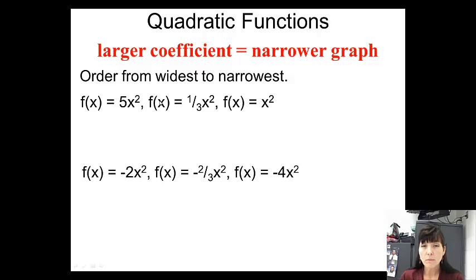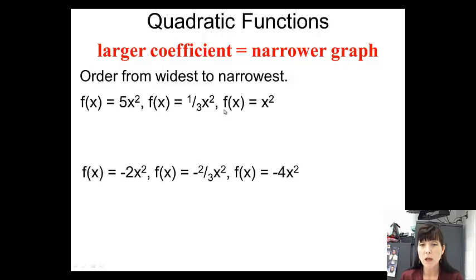Let's try putting these three, the first set, in order from the widest to the narrowest. These 3 functions. Remember, the larger the coefficient, the narrower your graph. Okay, since the largest coefficient equals the narrower graph, then we're going to look for the smallest coefficient to be our widest graph.